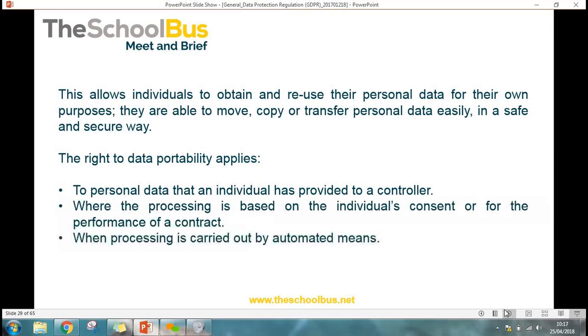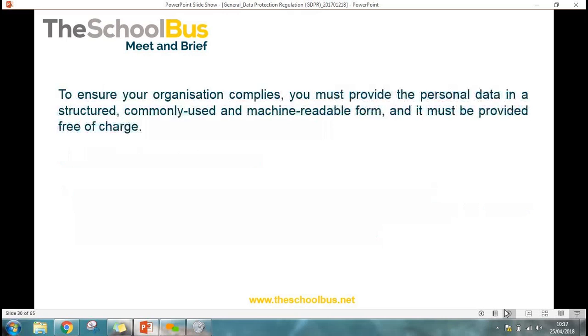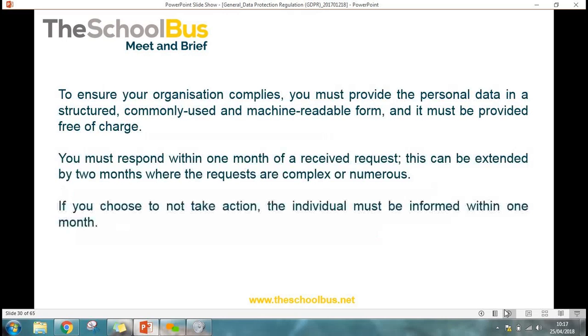We've got to be able to provide data subjects with the personal data that we hold and the information they've provided to us, what processing we're doing with that information, and whether or not it is subject to automated means. To comply with this part of GDPR, we have to be able to provide the personal data.